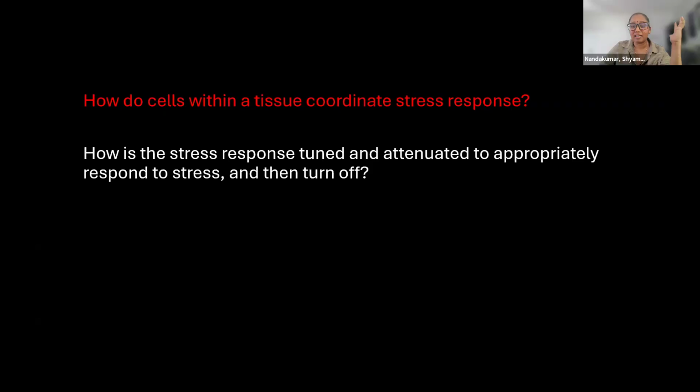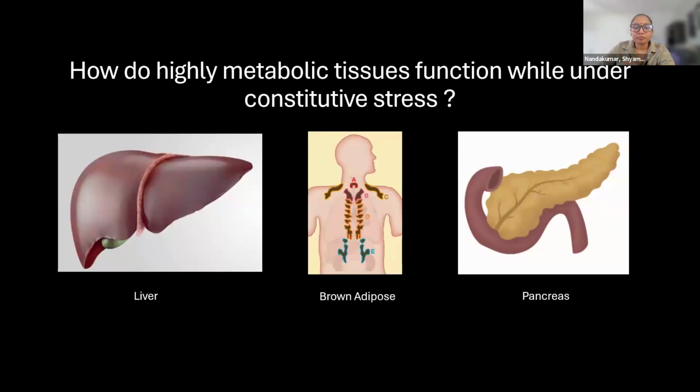My work in the lab here has focused on addressing two key questions. The first of which I'm going to talk to you about today is how do various cells within a tissue coordinate a stress response?